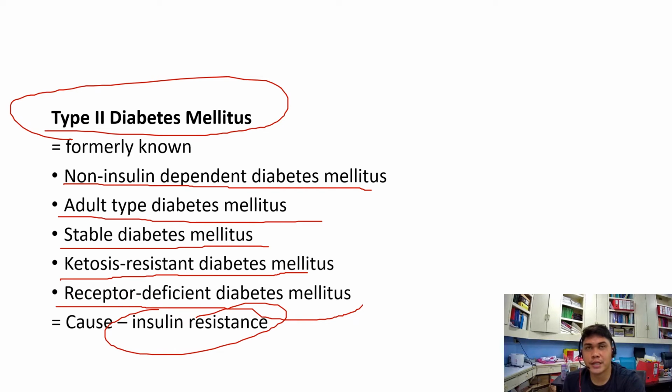But if the patient cannot change his or her lifestyle, that's the time the doctor will prescribe insulin injection for type 2 DM.